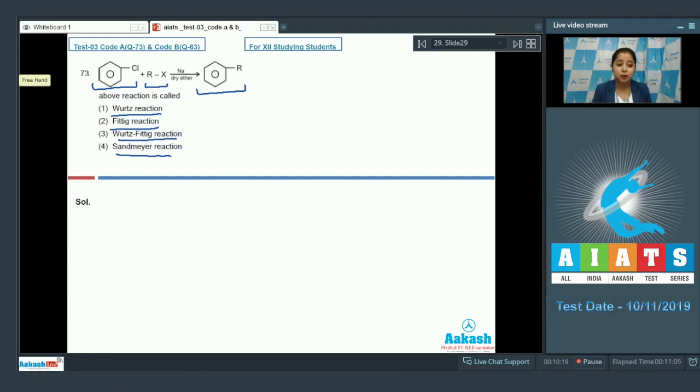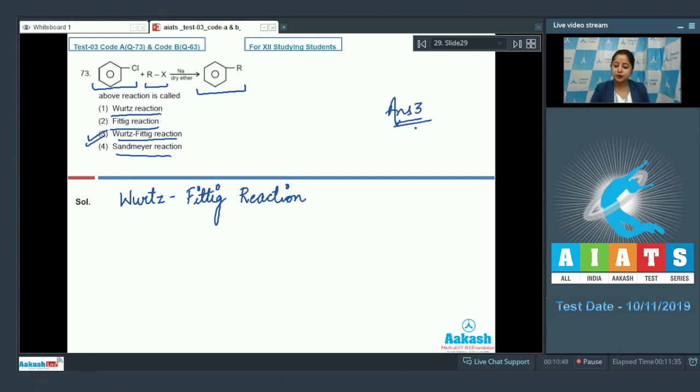Class, this is a very important question. As we all know, this is the Wurtz-Fittig reaction. This reaction is used to prepare alkyl benzene using alkyl halide and aryl halide, and these two reactants combine in the presence of sodium and dry ether. So the correct answer for this question is option number 3.